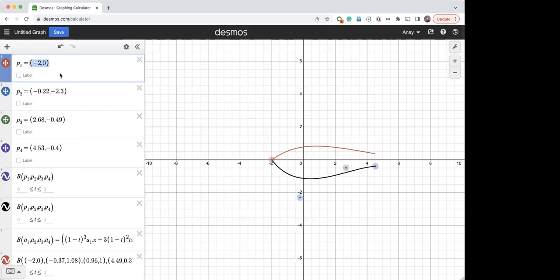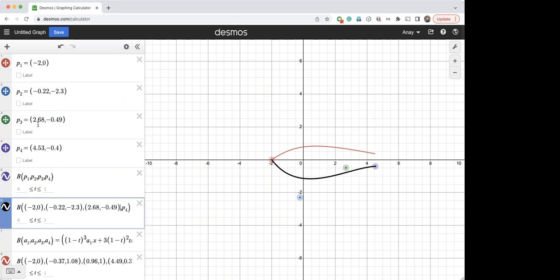So minus 2.0. And there we go. Now, whatever we need to do, we'll continue with the remaining points.